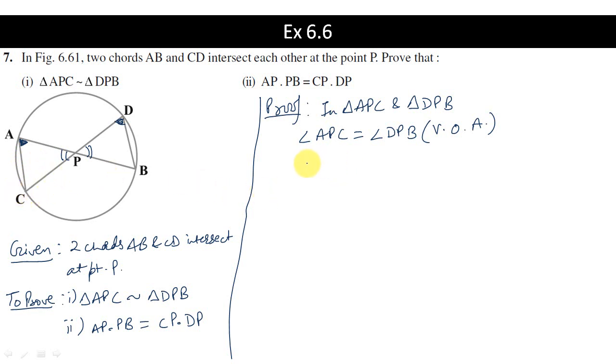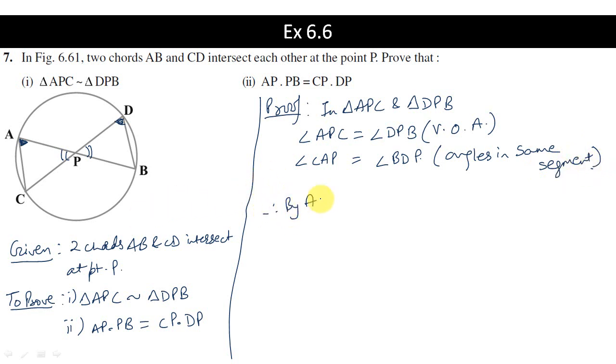Angles in the same segment, this we have already studied in class 9th. So angle CAP is equal to angle BDP. These are angles in the same segment. So by double A similarity, two angles are equal, therefore you will get triangle APC is similar to triangle DPB.